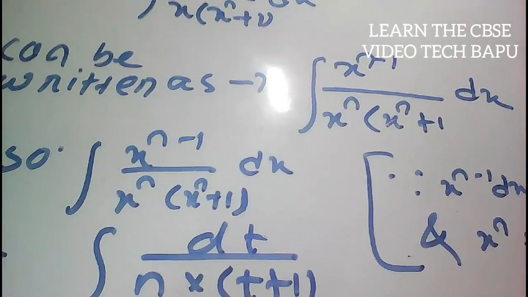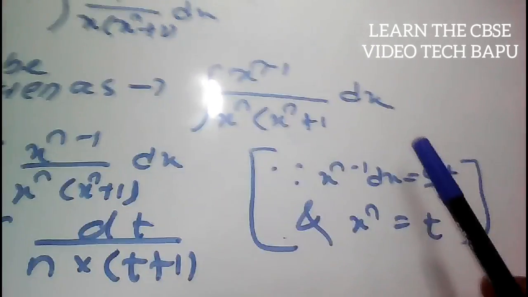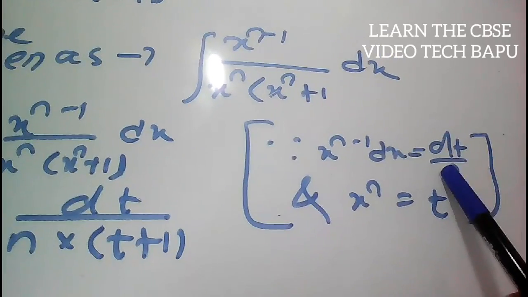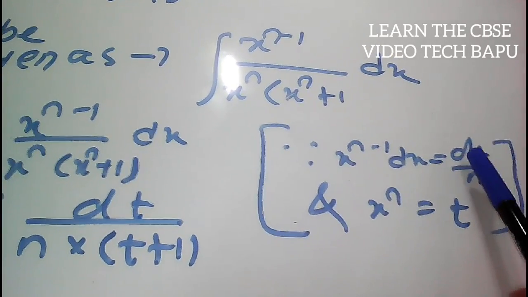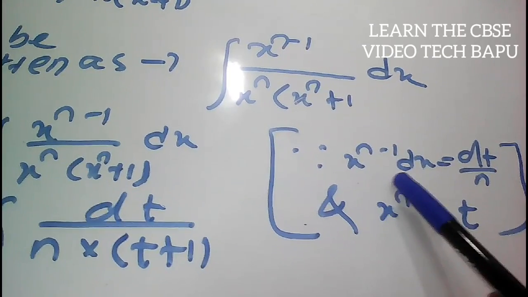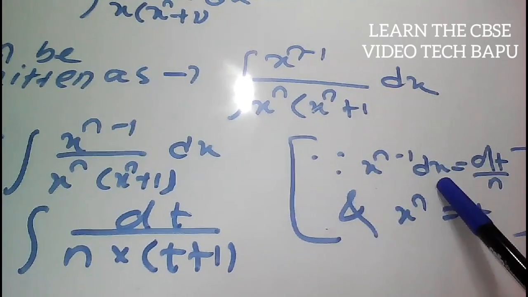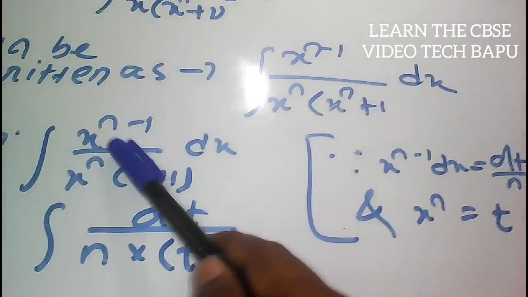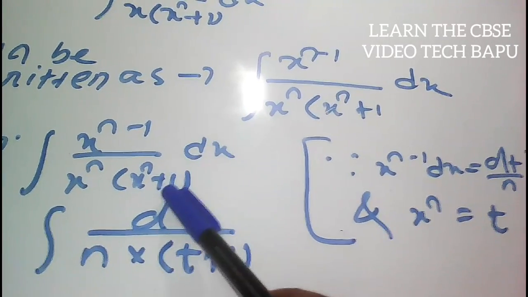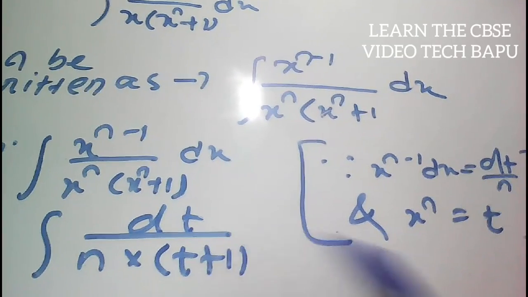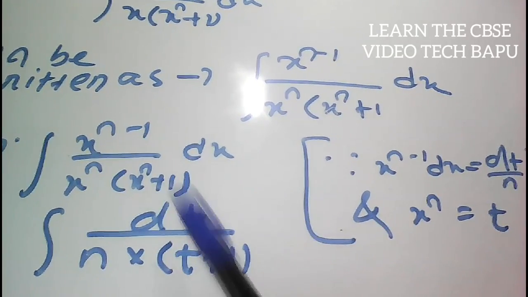We have proved that x to the power n minus 1 dx is equal to dt by n in the previous step, and we have taken x to the power n as t. So putting these two values in this equation, x to the power n minus 1 dx is equal to dt by n, and x to the power n is taken as t. Okay, clear? x to the power n is taken as t.